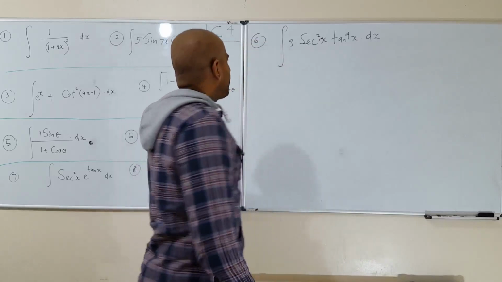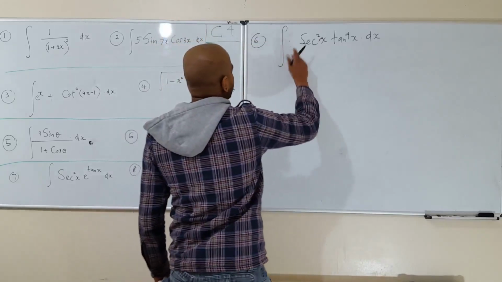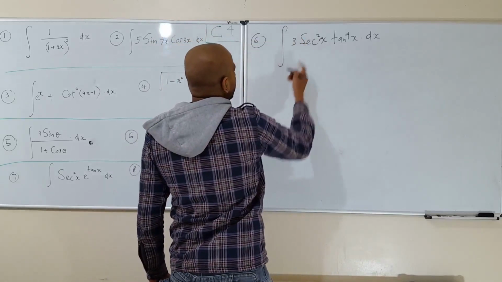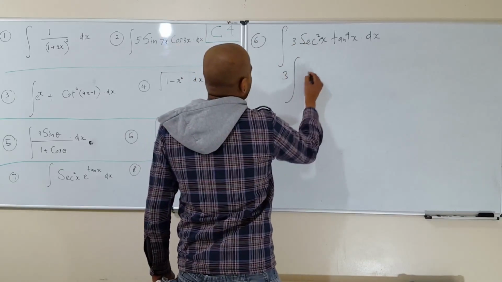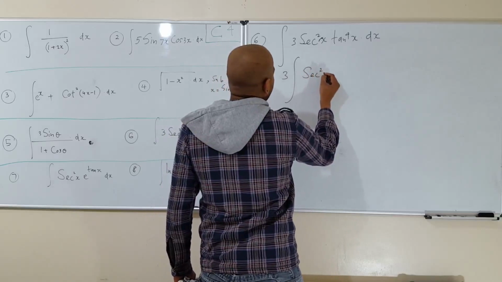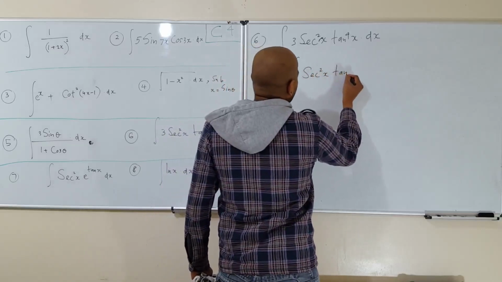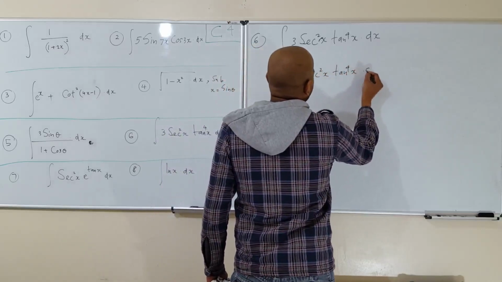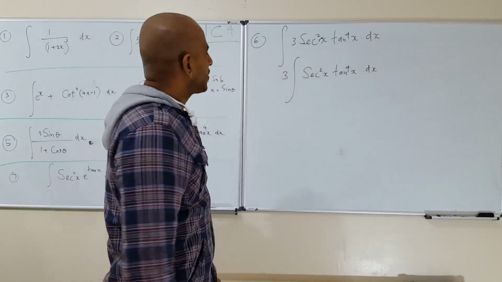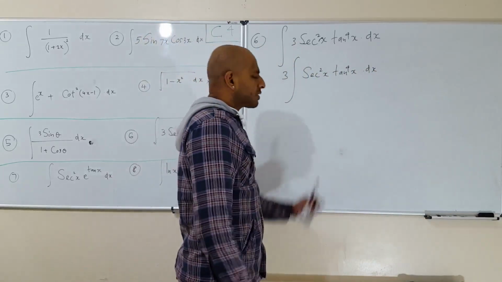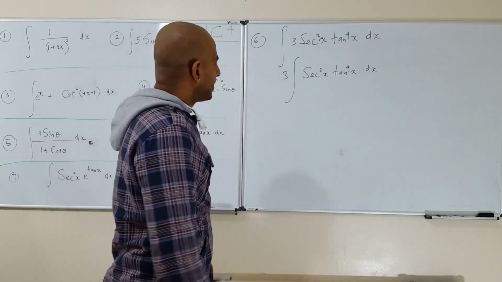3 is just a number, isn't it? So I can just take it out, take it 3 times. So I can rewrite this one like this. Probably it might be less clutter. 3 times the integral of sec squared x tan 4x dx. A way would be this. There's a method here called the inspection method, observation method.